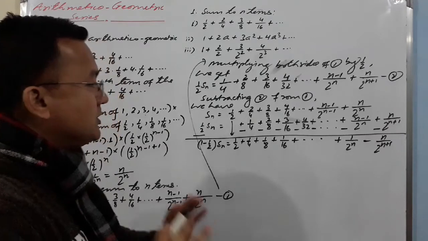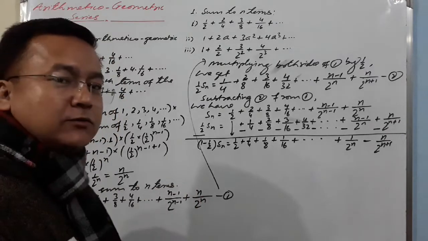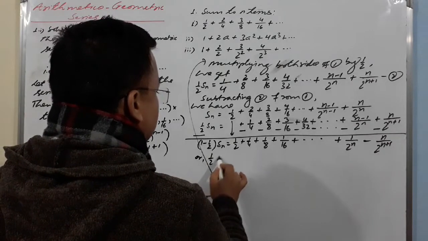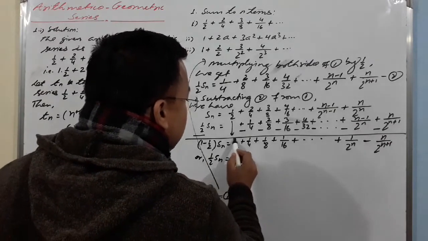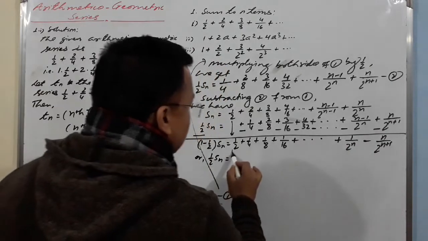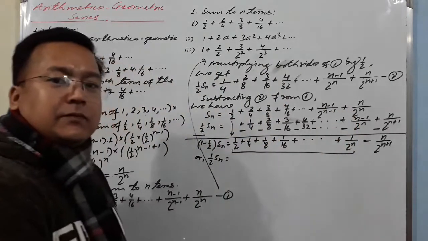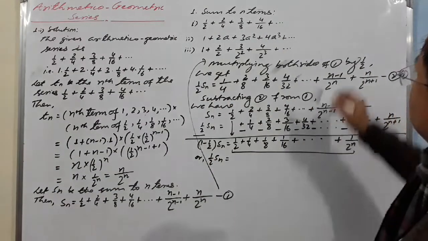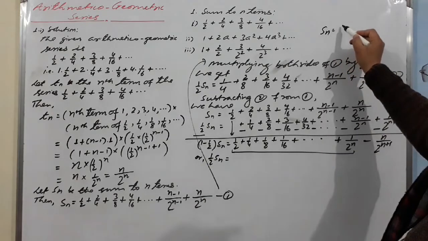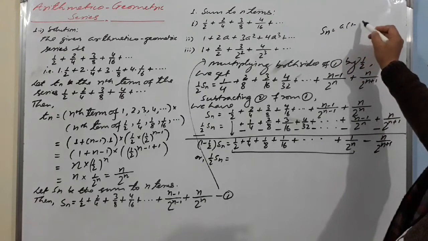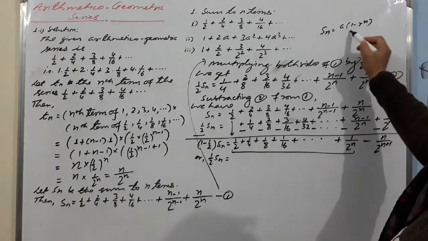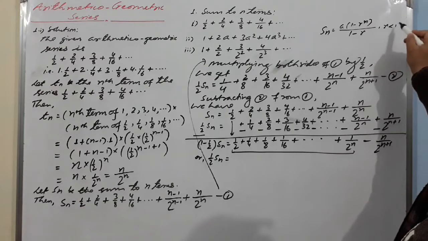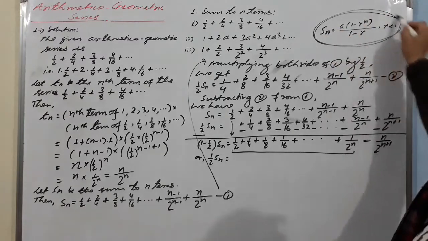After this we just have to simplify and use the formula. I'm going to write down here (1/2) Sn. From here to here, there is a GP. So what is the formula? Sum to n terms in GP: Sn = a(1 - r^n)/(1 - r), and if r is less than 1 we use this formula.